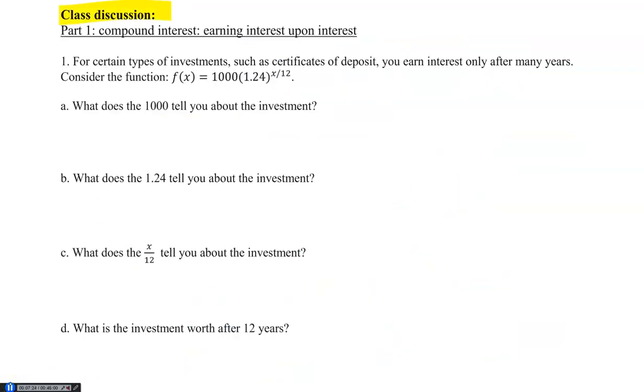Alright, a class discussion. There are 2 parts. Part 1, compound interest, earning interest upon interest. Number 1, for certain types of investments such as certificates of deposit, you earn interest only after many years. And let's consider this given function. f of x equal to 1000 times 1.24 to the power of x over 12.